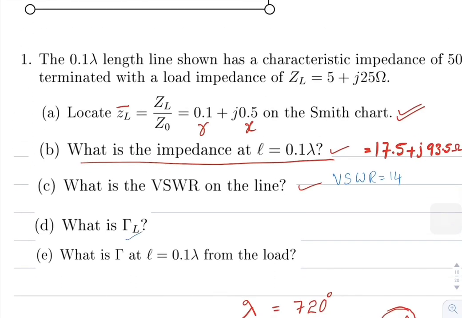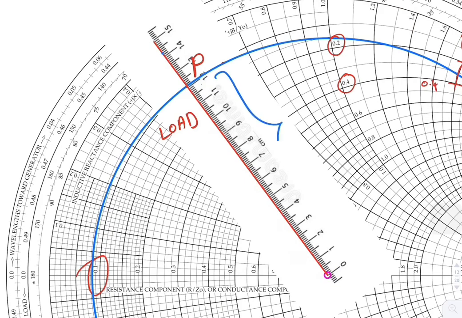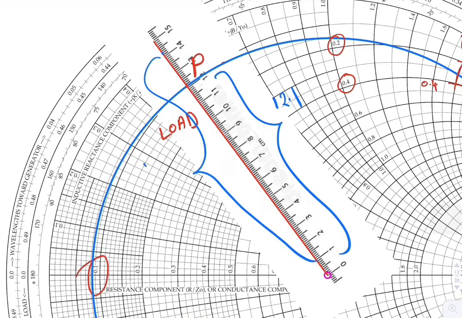What is the reflection coefficient at load? If you want reflection coefficient at the load, you have to measure this distance and this distance. This distance is 12.1. This distance is 14.2.